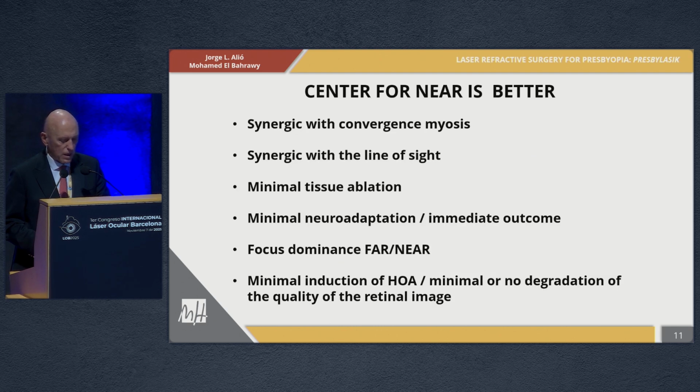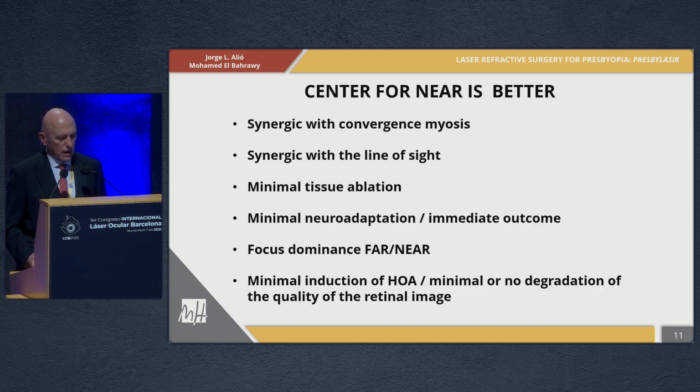We achieve high increases of refraction in the central part of the eye, and there are some advantages and some disadvantages, but the advantages predominate, because in a normal eye there's synergy between things, and so the eye will work better for near, and that's synergic with the line of sight.